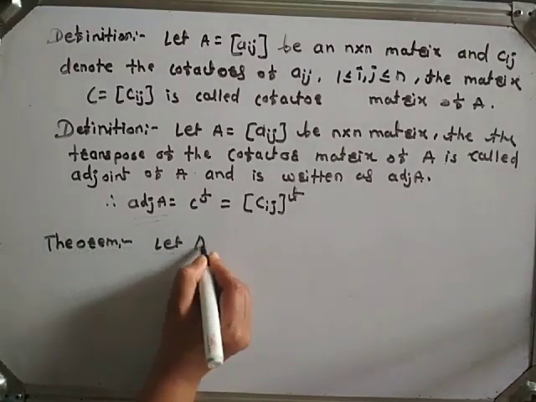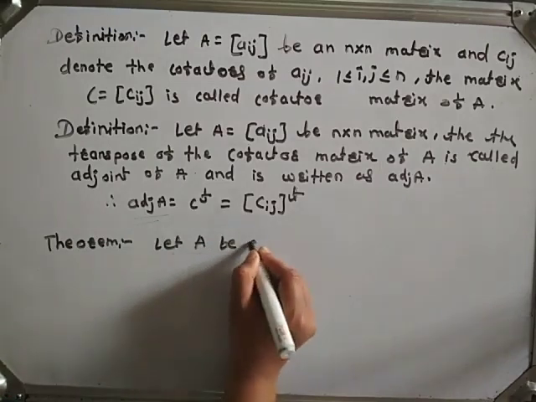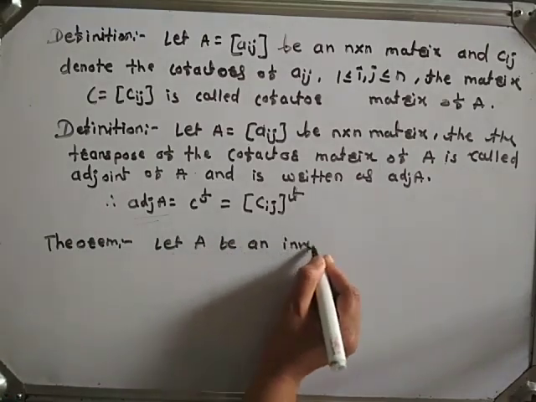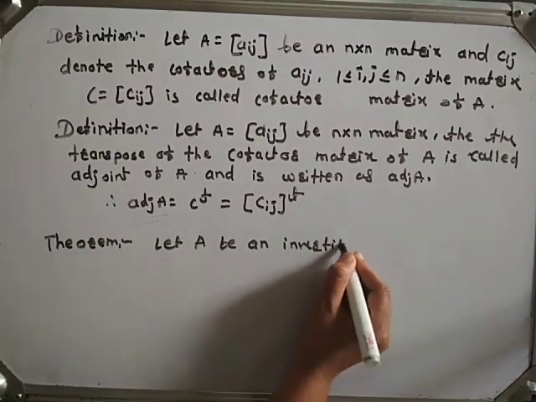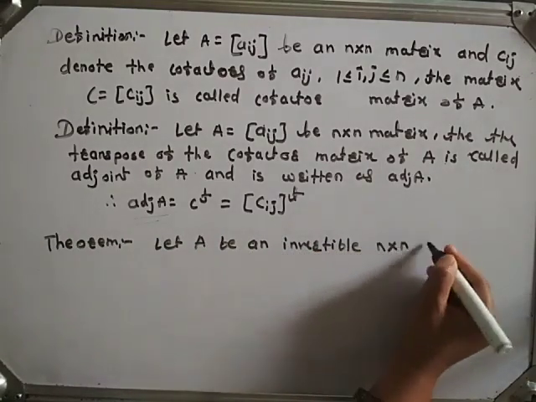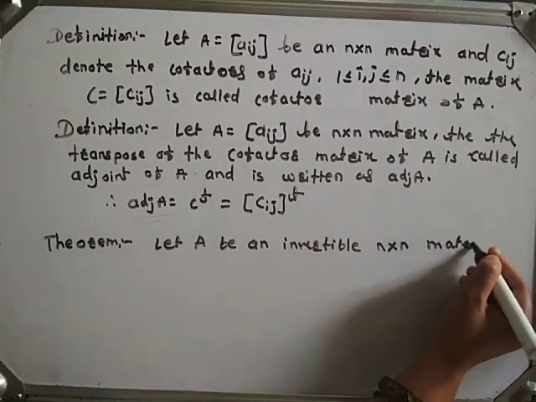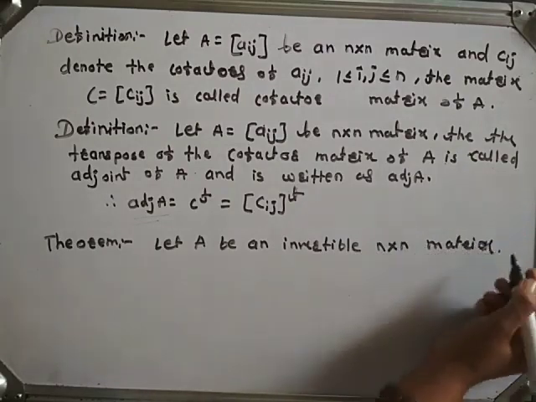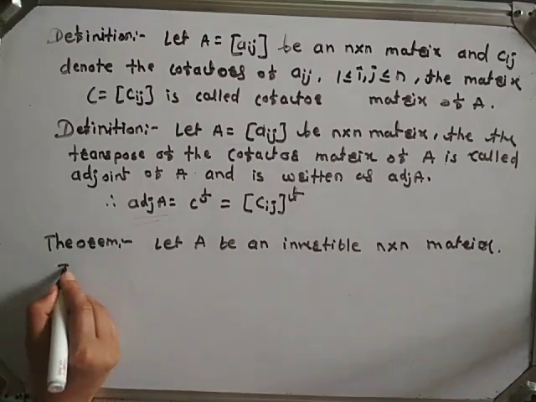Let us take one theorem. Let A be an invertible n by n matrix. What is an invertible matrix? An invertible matrix means the determinant of that matrix is not equal to 0.